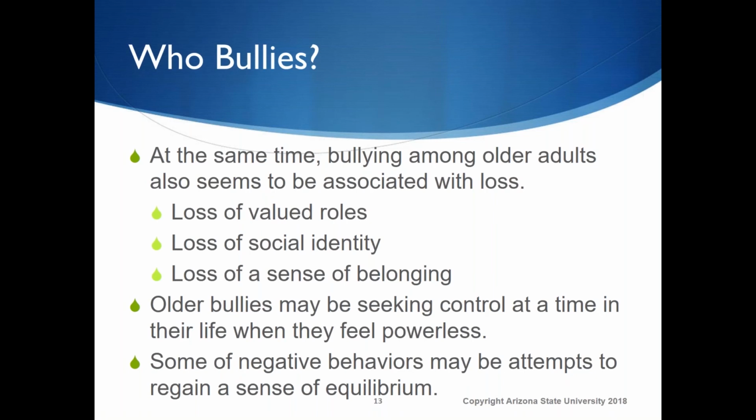So thinking about that can help us not to vilify the bully, but to have empathy towards him or her. And it also points the way to possible interventions, because if we can help them to identify healthy ways to be in control, that can help reduce some of the negative behaviors.